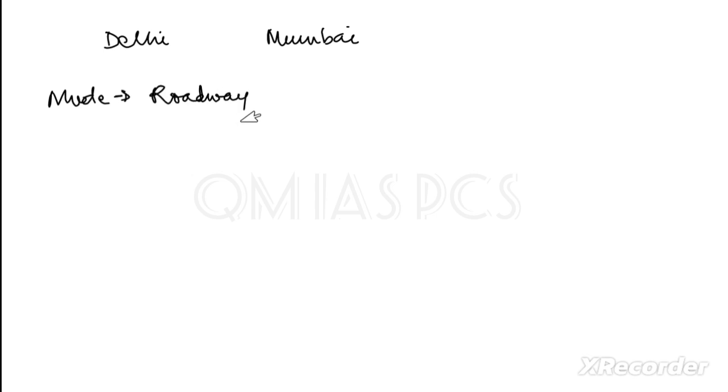For example, we are saying there are two destinations, like Delhi and let's say Mumbai. The mode of transportation will be roadways or railways or airways.